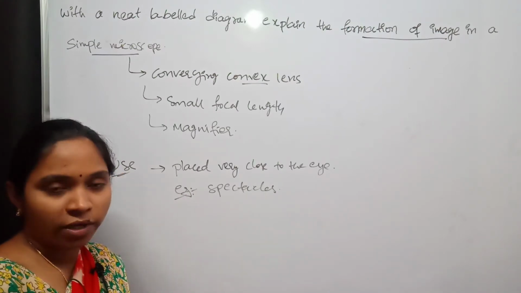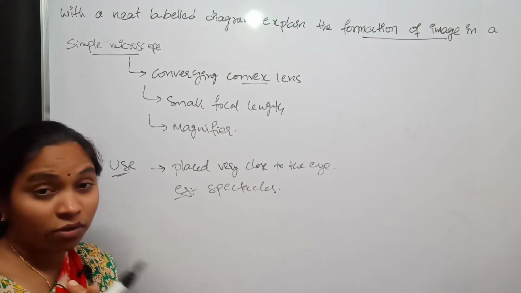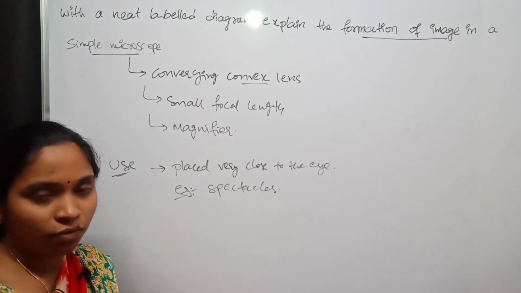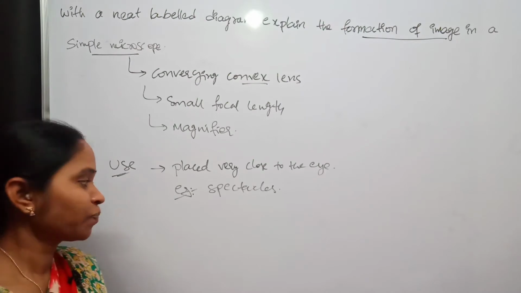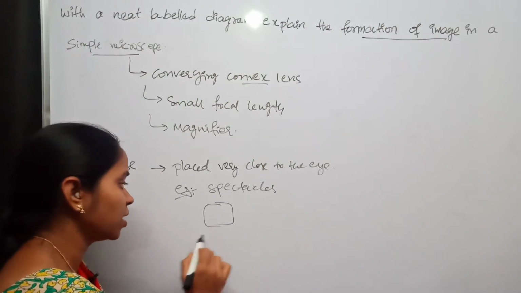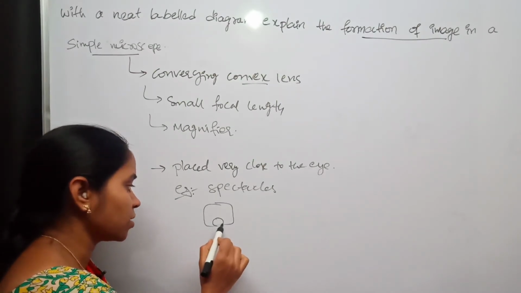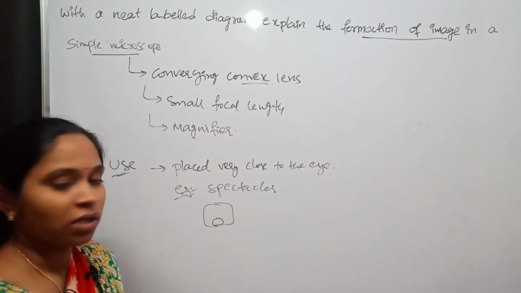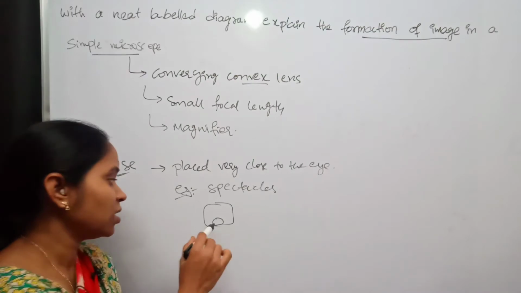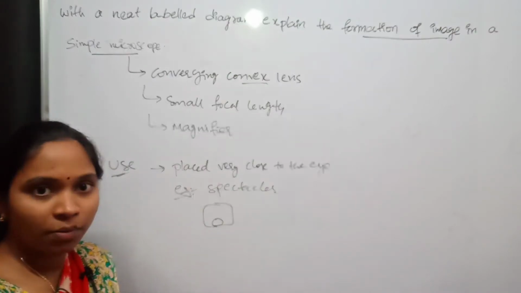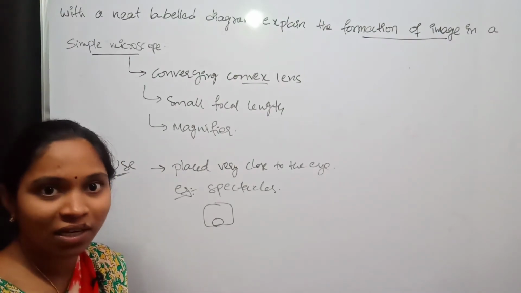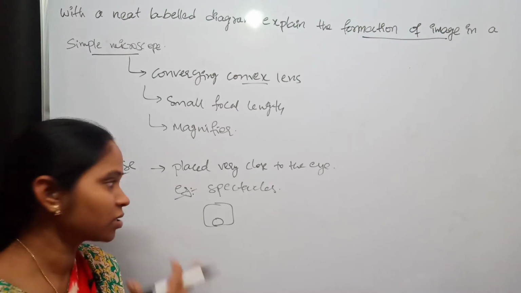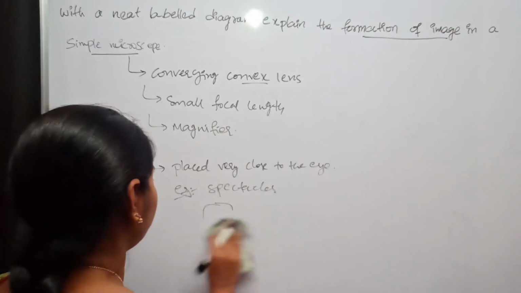For example, you might observe that whenever your father or your grandfather is reading the newspaper, the spectacles contain a convex lens at the bottom of the lens. This lens is used for enlarging the size of the letters in a newspaper. This is one of the examples.